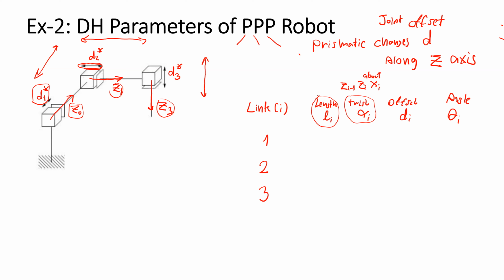In this case, what should be the link length? The link length is the distance between C_i along x_i. But in this case, z1 and z0 intersect, so the length will be 0. The twist is the angle measured from z0 to z1 about x1.